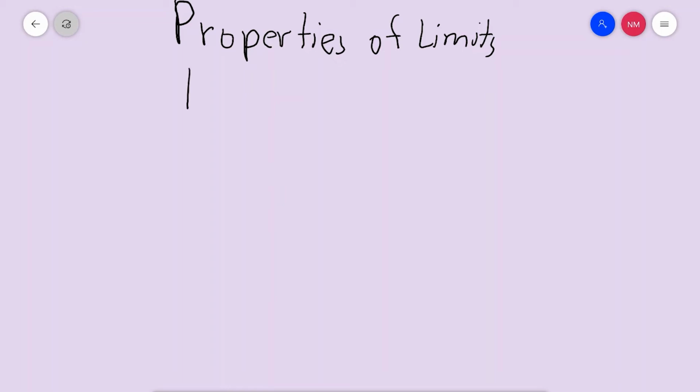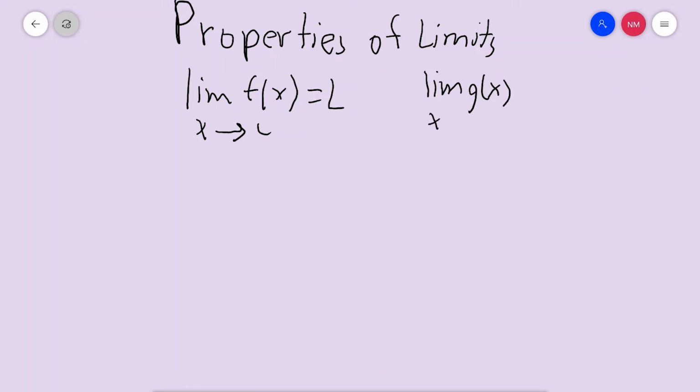So let's assume we have the limit of f of x as x approaches c, which is equal to L, and then we have the limit of g of x as x approaches c, and that's m.